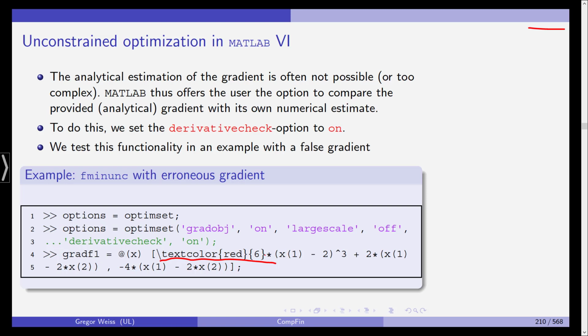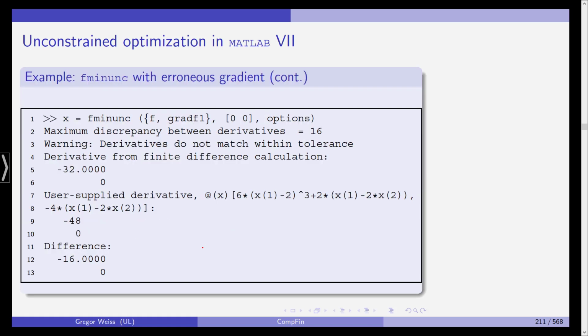So we have a slight error, and we weren't able to calculate the first derivative with respect to x1 correctly. We made a small error in the gradient, and let's see what happens when we turn the derivative check option on. What Matlab will now do is compare the numerical approximation with the gradient we've supplied.